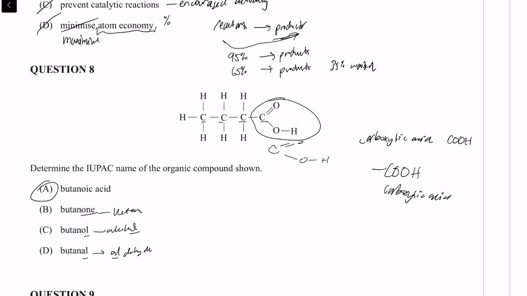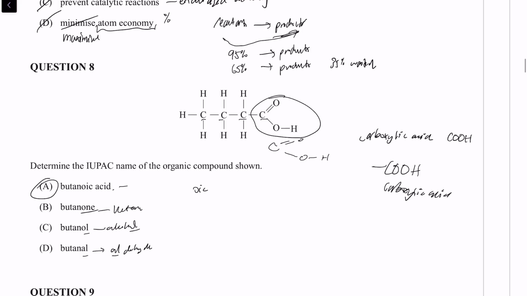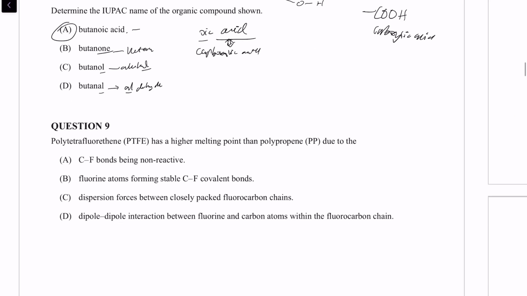So none of these are carboxylic acids. If we have an oic acid in the name, that means it's a carboxylic acid, such as propanoic acid, butanoic acid, pentanoic acid. Okay, oic acid is a carboxylic acid. Those imply each other.